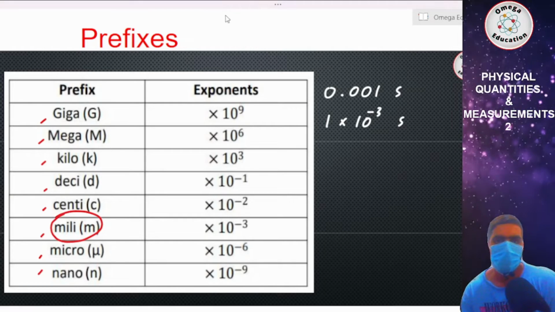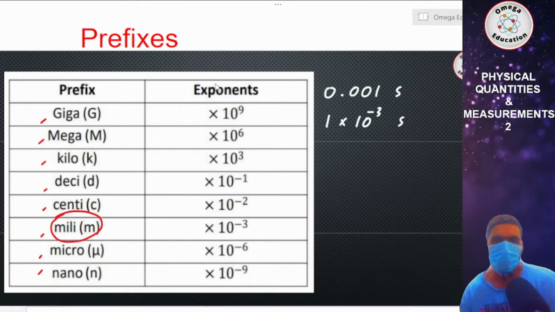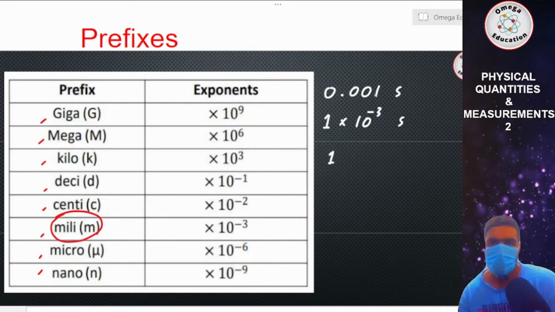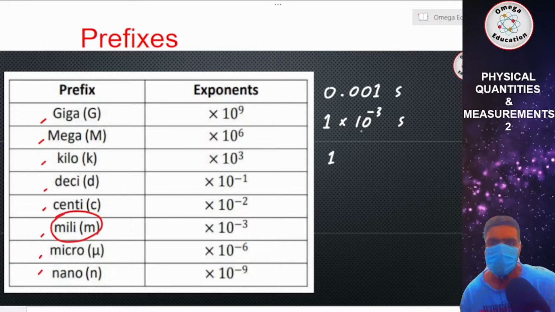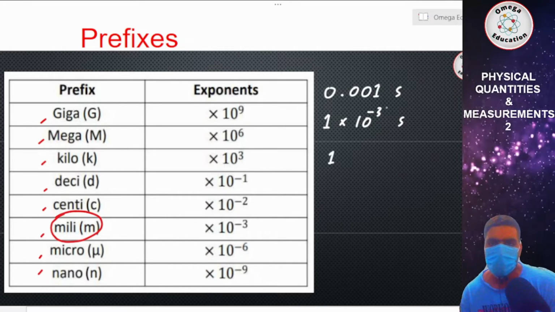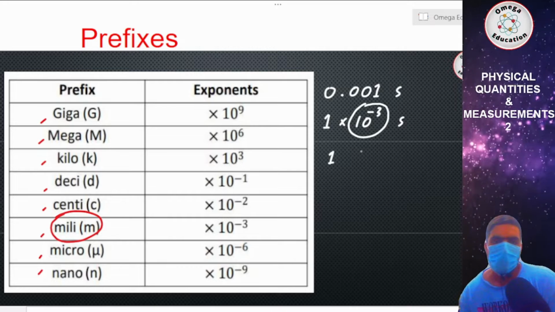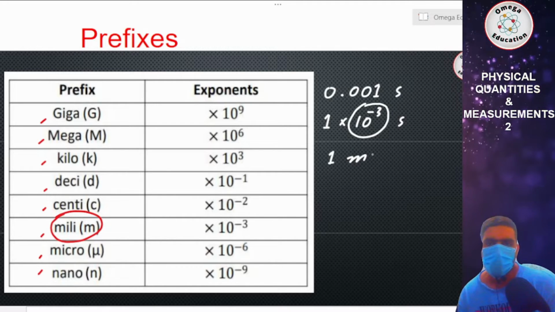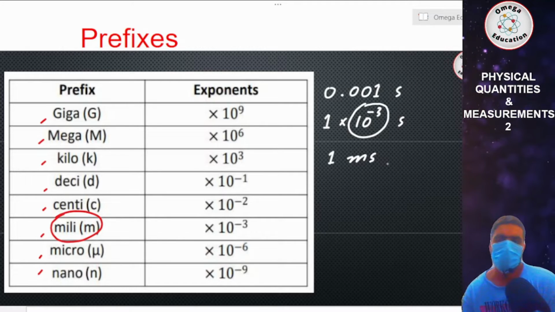So what I can do now is write 1 as it is, the starting one as it is, and instead of 10 to the power minus 3, I'll be writing its prefix, which is milli, followed by the unit of time, which is seconds.